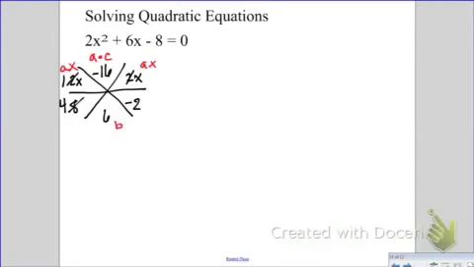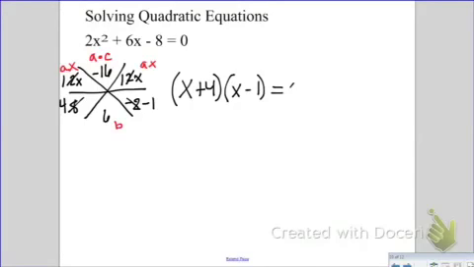I can reduce the 2 and the negative 2 down to 1 and negative 1. So now I'm left with a 1x plus a positive 4 and an x minus a 1.